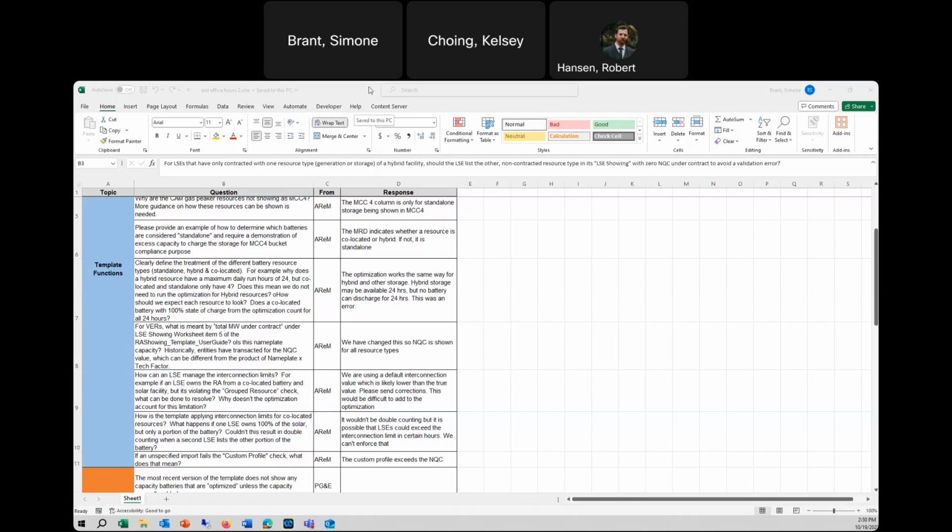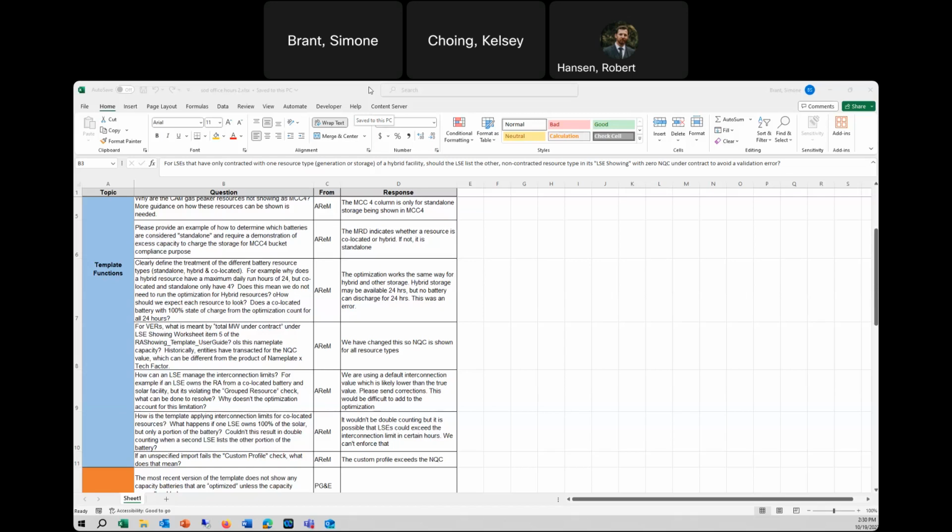But would that, what Simone, what you just said there, would that be accounted for in the group resource check? I think so. Correct me if I'm wrong, Robert. It should be that it should not let you dispatch your battery at noon.